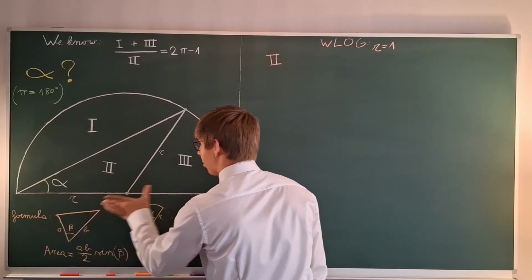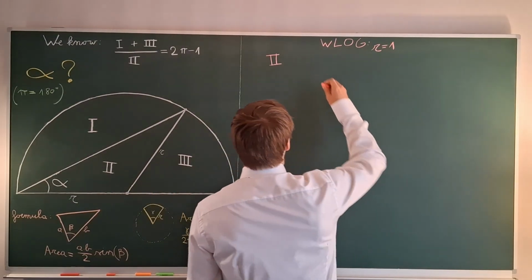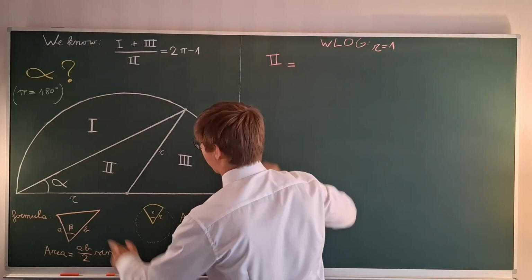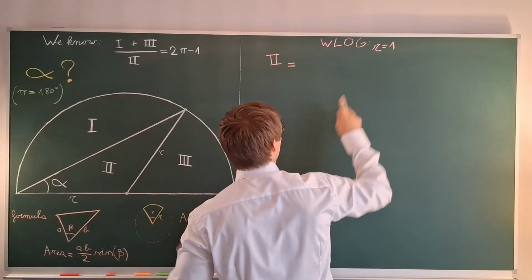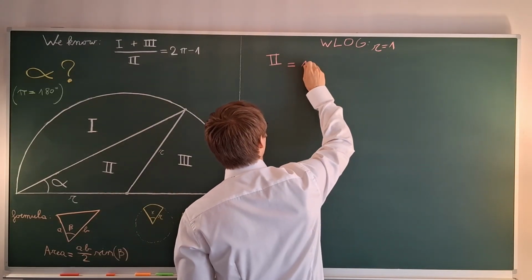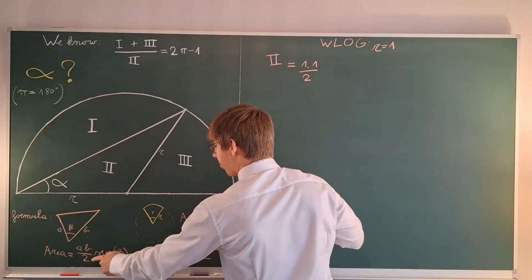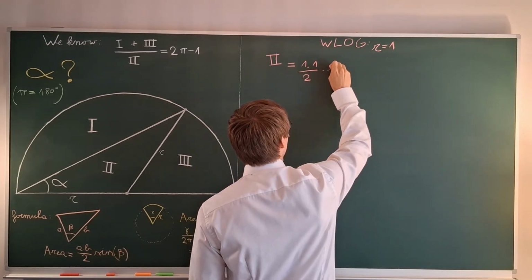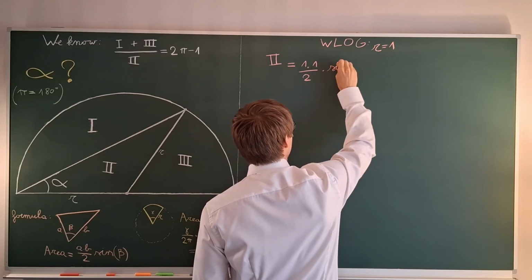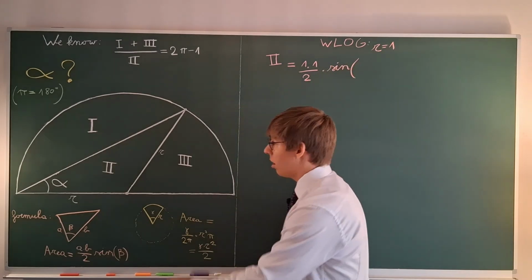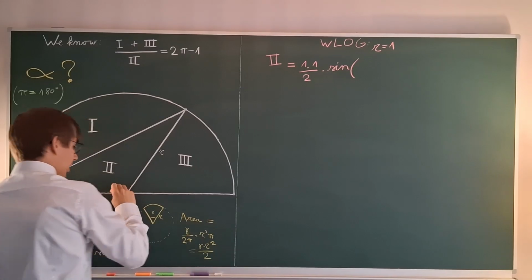So the area of this region, region 2, becomes r times r, which is 1 times 1, divided by 2 times the sine of this angle.